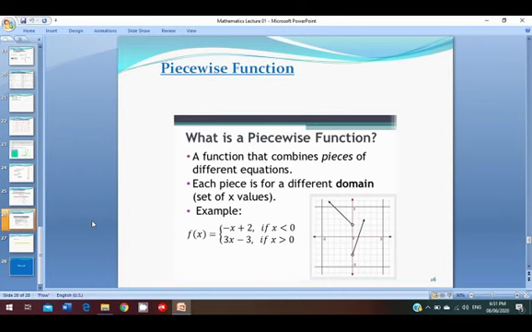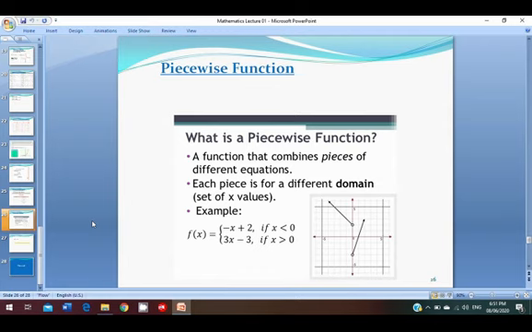And you can see that f of x equals minus x plus 2 if x is less than 0. This x less than 0 describes the domain of this expression, which means your domain ranges from minus infinity to less than 0 in an open interval.